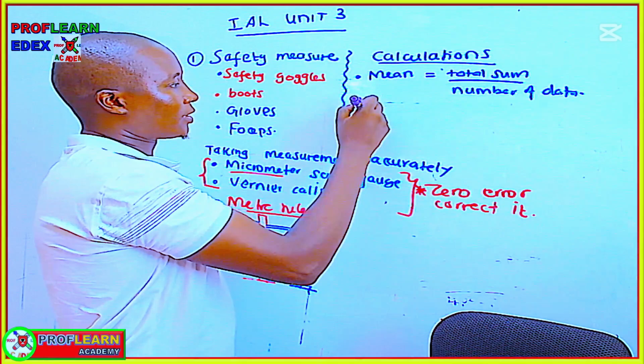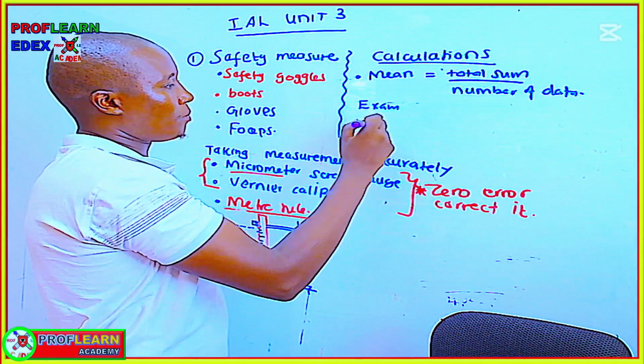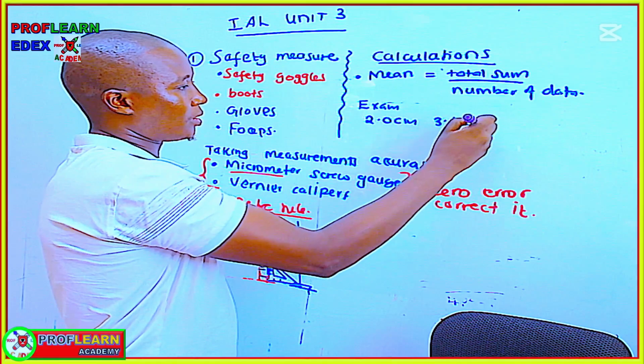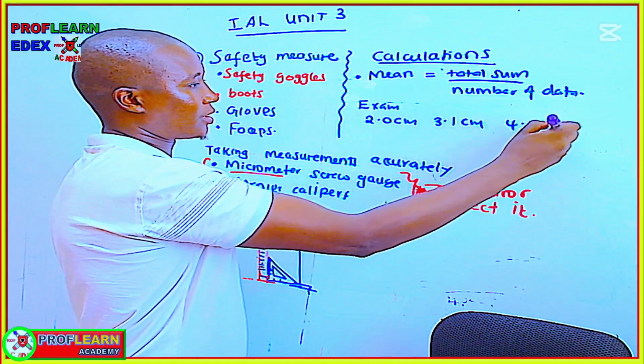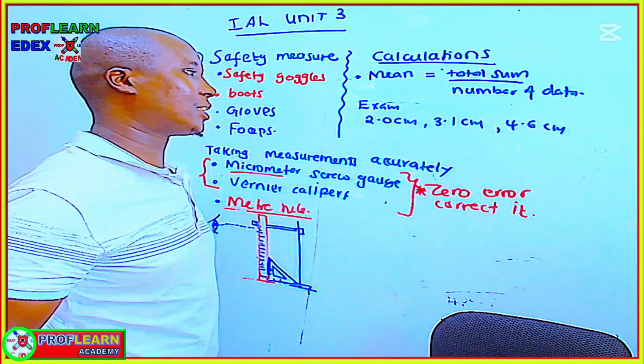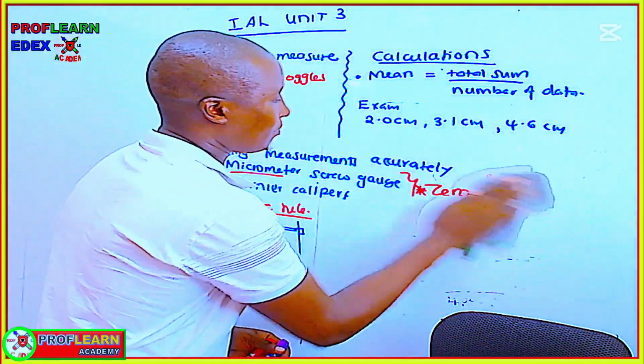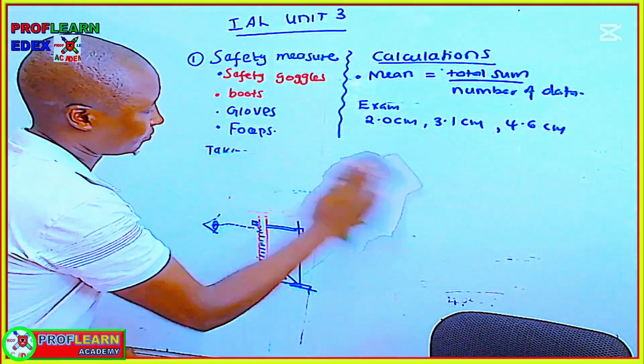For instance, if you have 2.0 centimeters, 3.1 centimeters and 4.6 centimeters, this is the data that you are given, and you are supposed to work out the mean of that.